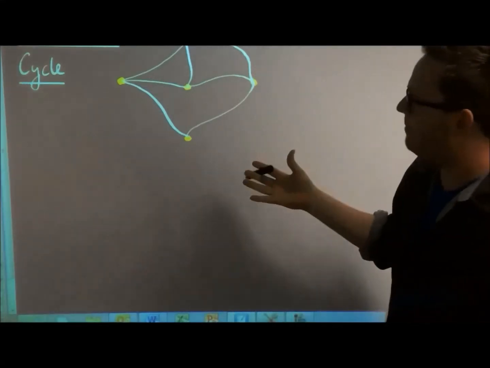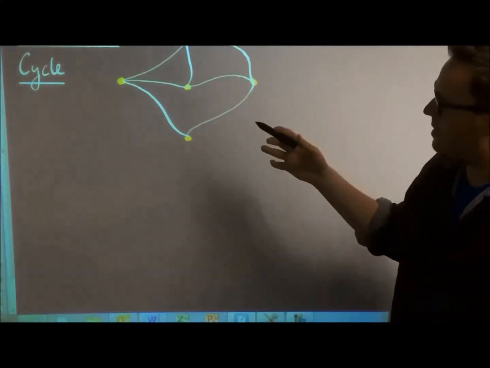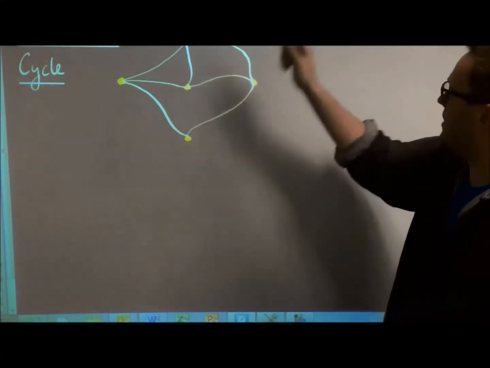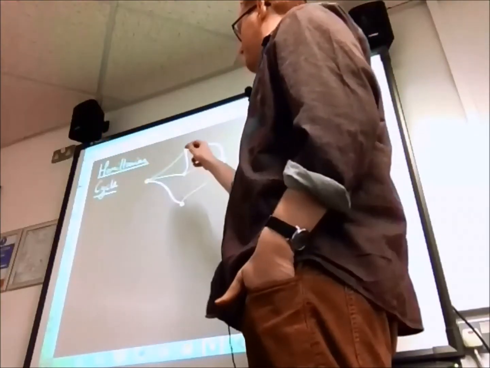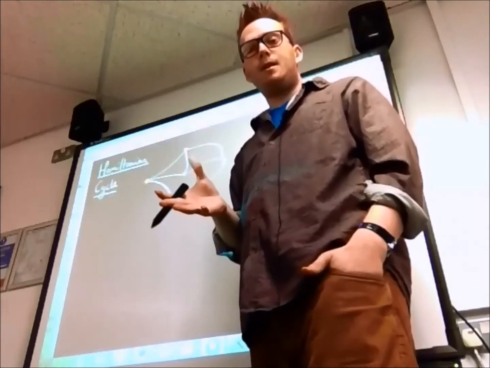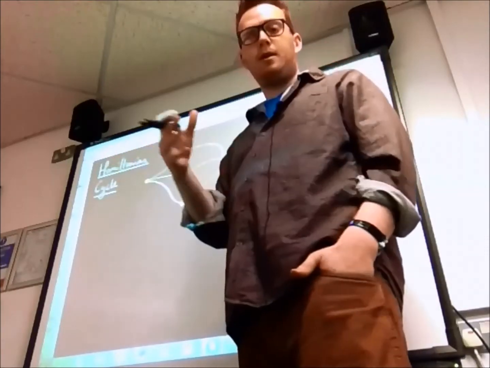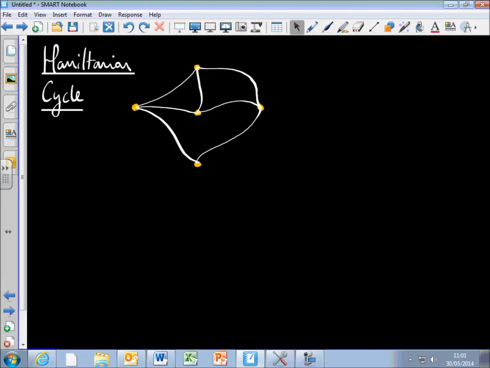So simply, a Hamiltonian cycle is a cycle, which means it starts at one node and finishes at the same node, so it makes a cycle, and it has to visit every node in the network on the way. So, for example, I could start here, and if I tried to go up to this node, and then to this node, and then back to this node, I can't now get to this node without visiting a node I've already been to.